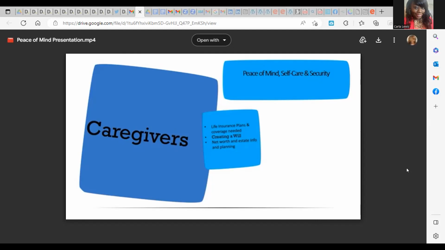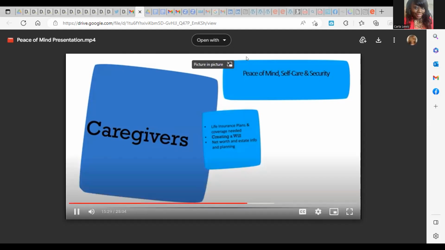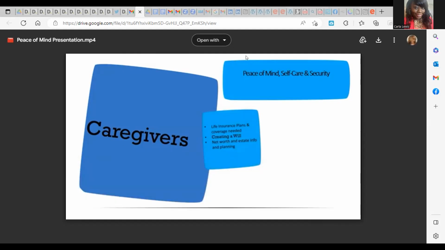This is good because it is going to give you peace of mind. It is a form of self-care and it is security. And we don't like to talk about these things because it deals with a hard situation, a hard topic of the what if something happens to me.